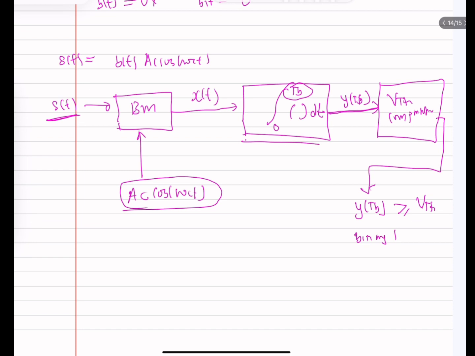And if y of TB is less than V threshold, it means that the data which is coming in is binary 0. That's what you need to take note of.